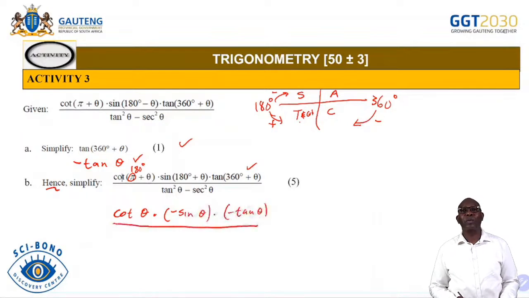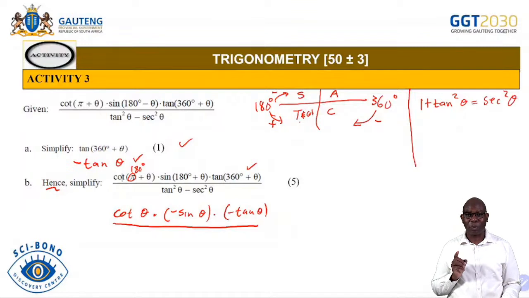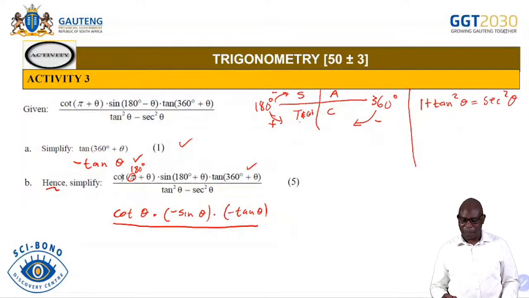Meaning that we are not going to mark it here because you already have your mark in A. Now, tan squared of theta minus sine squared of theta. If you remember, in the square identities, we have 1 plus tan squared theta equals sec squared of theta. You see the trick? You must always be very, very careful, especially with the ones with the squares.